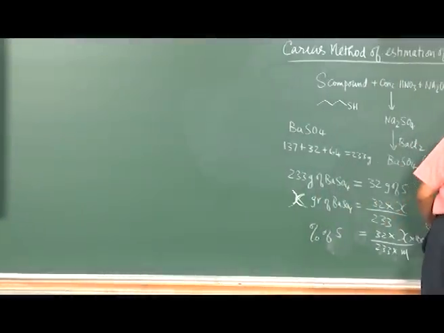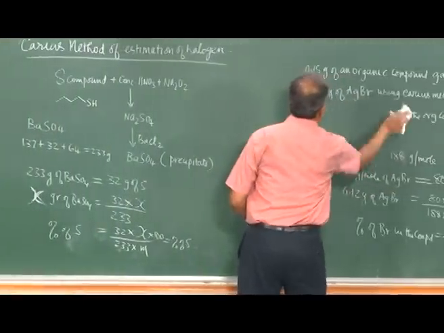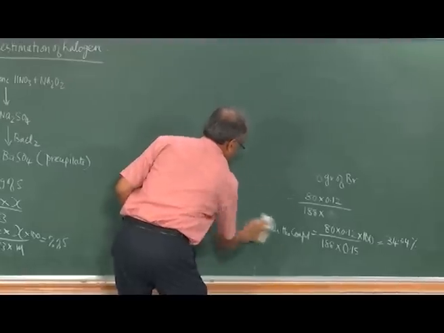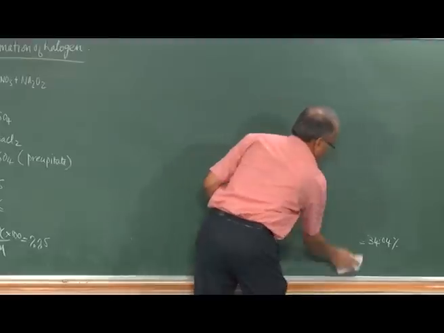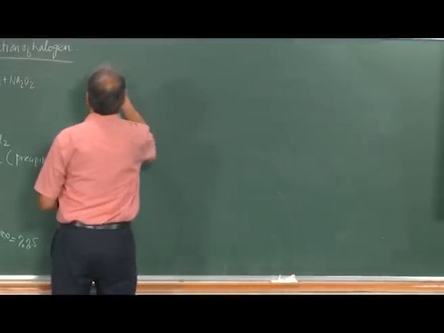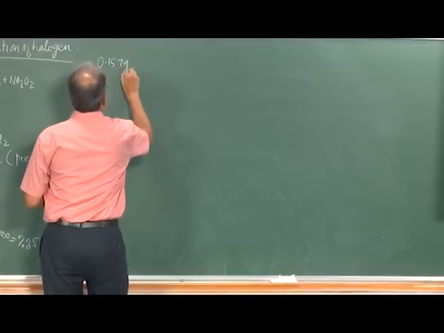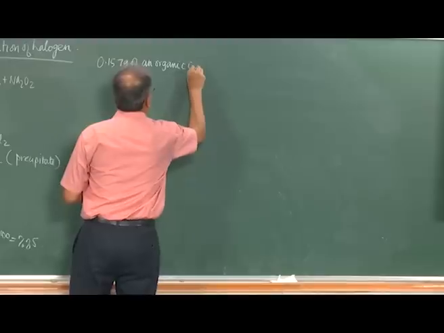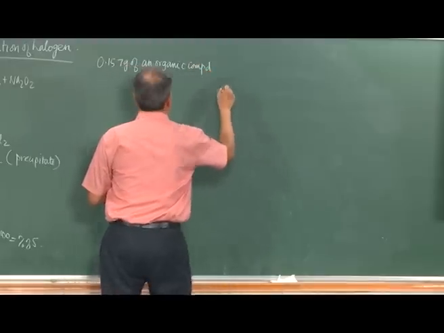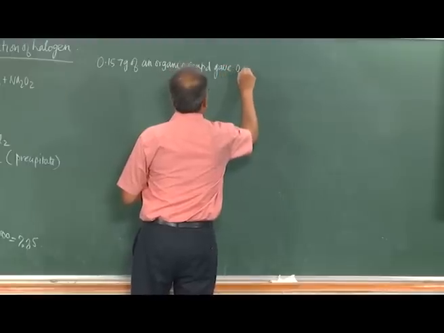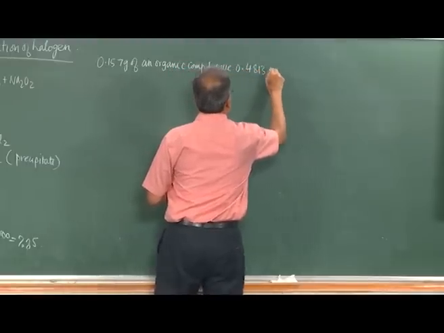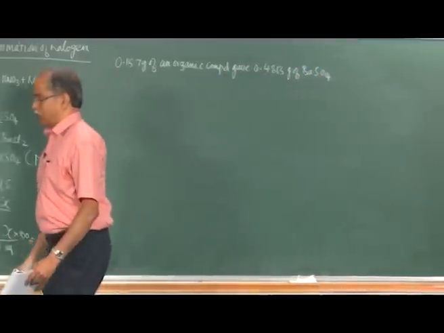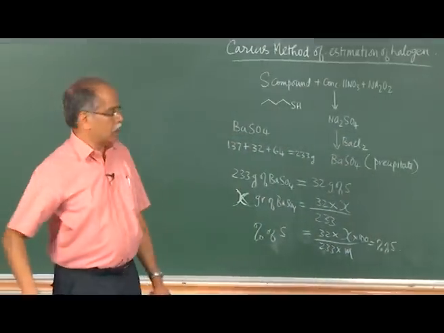One example we will solve, and then we will conclude this lecture with a summary. 0.157 grams of an organic compound gave 0.4813 grams of barium sulfate using the barium sulfate estimation method or sulfur estimation method.